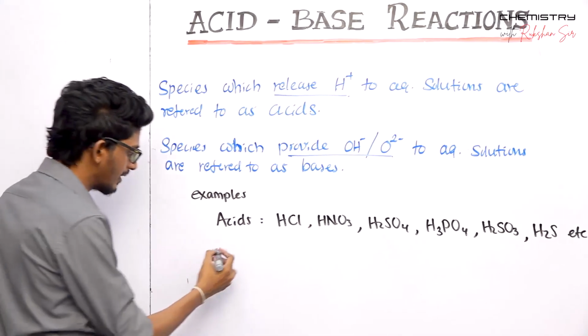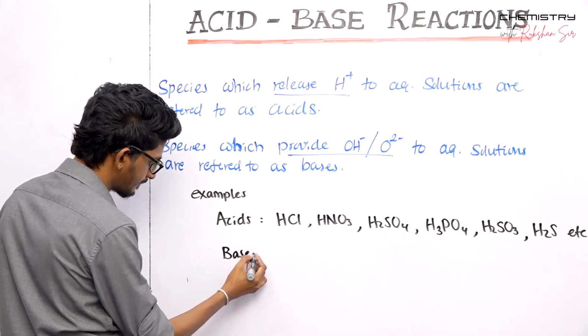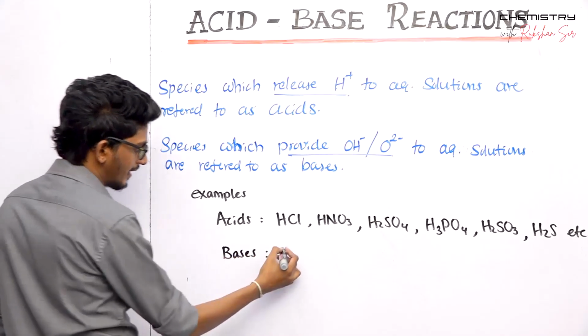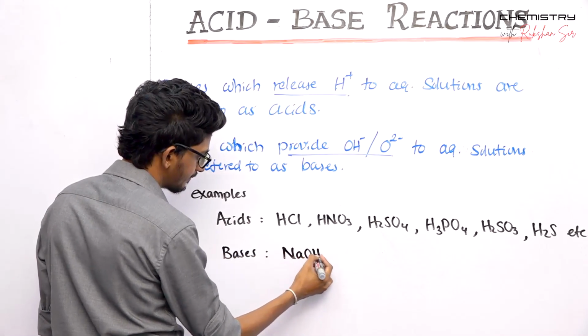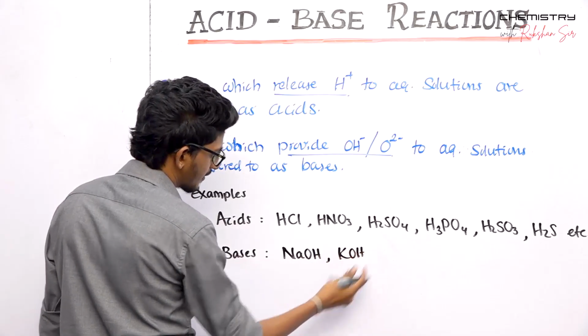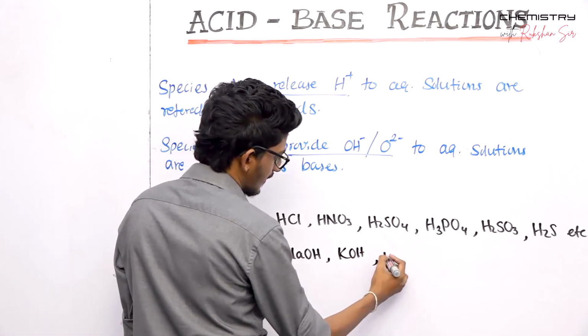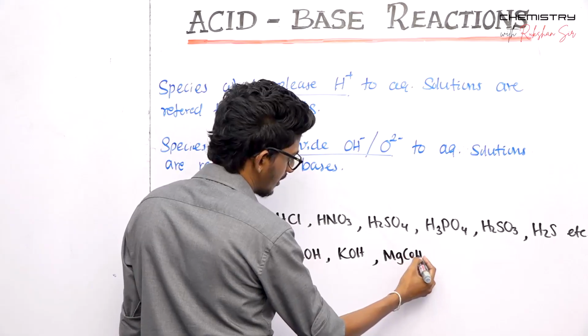For some bases: NaOH, KOH, like magnesium hydroxide, aluminium hydroxide.